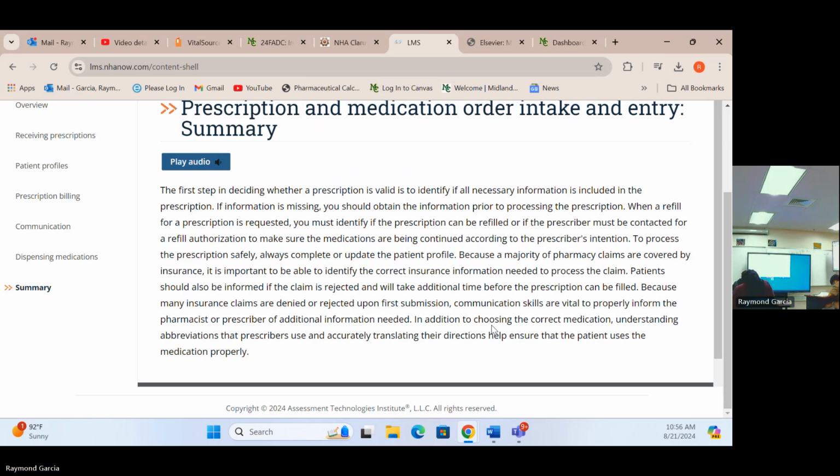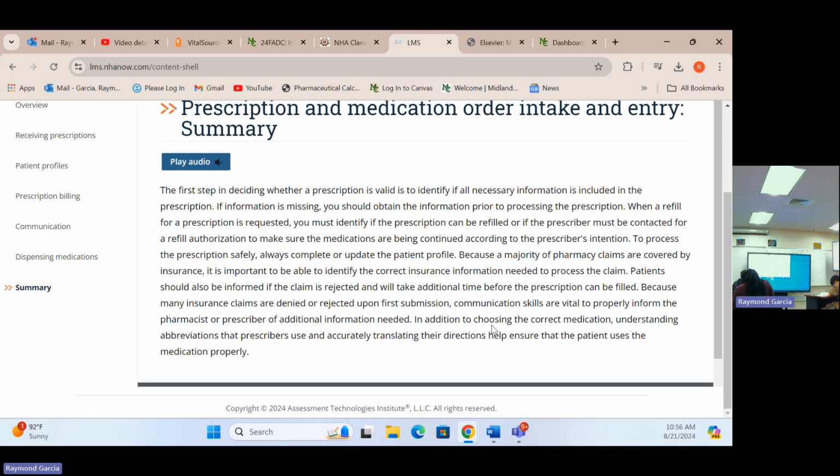Because the majority of pharmacy claims are covered by insurance, it is important to identify the correct insurance information needed to process the claim. Patients should also be informed if the claim is rejected and will take additional time before it can be filled.